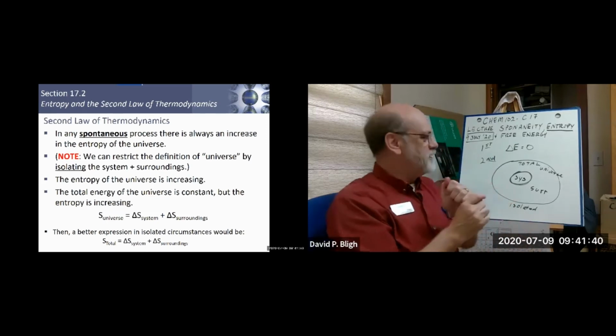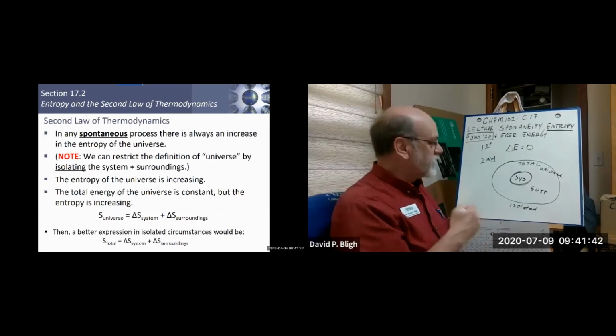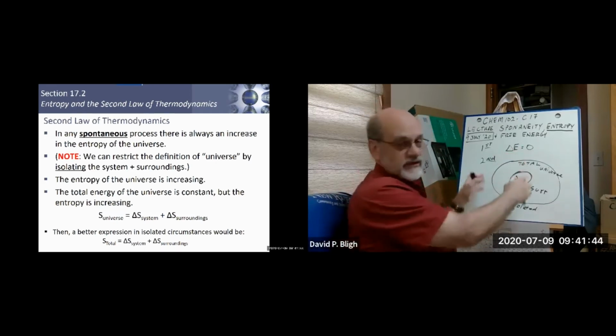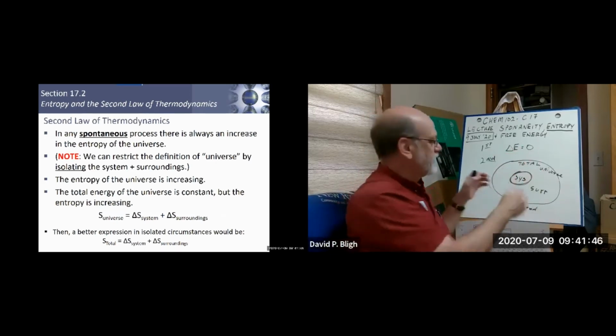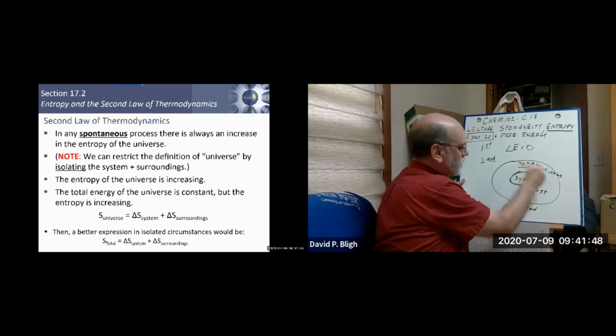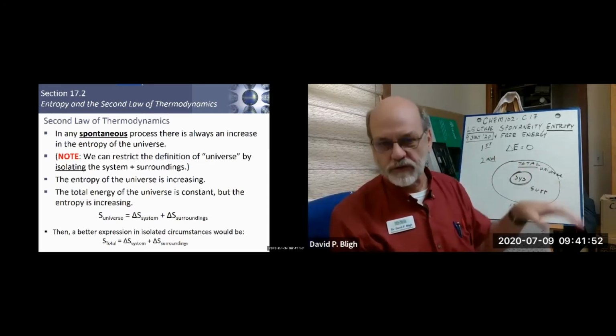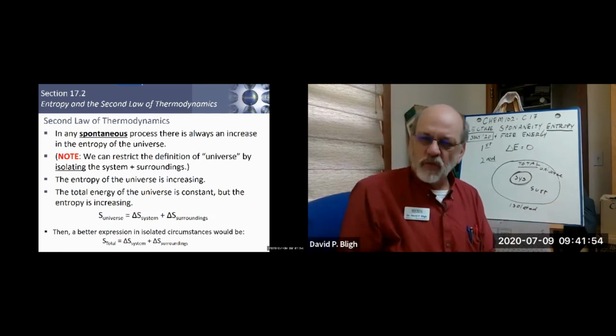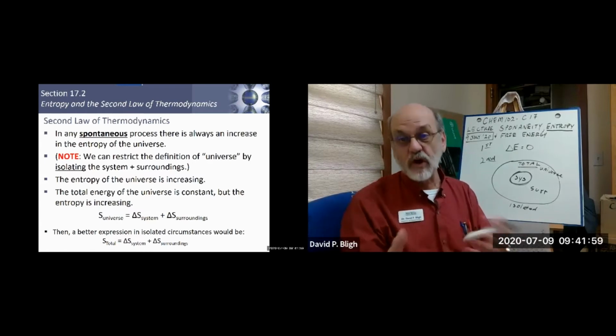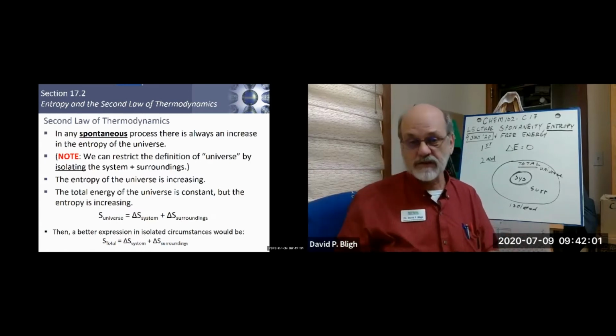Right? But we can talk of system and surroundings as also isolated, and in that respect, we define that as total, not universe. But when you're reading the textbook, the authors often conflate universe and total. Okay? That's just a warning.